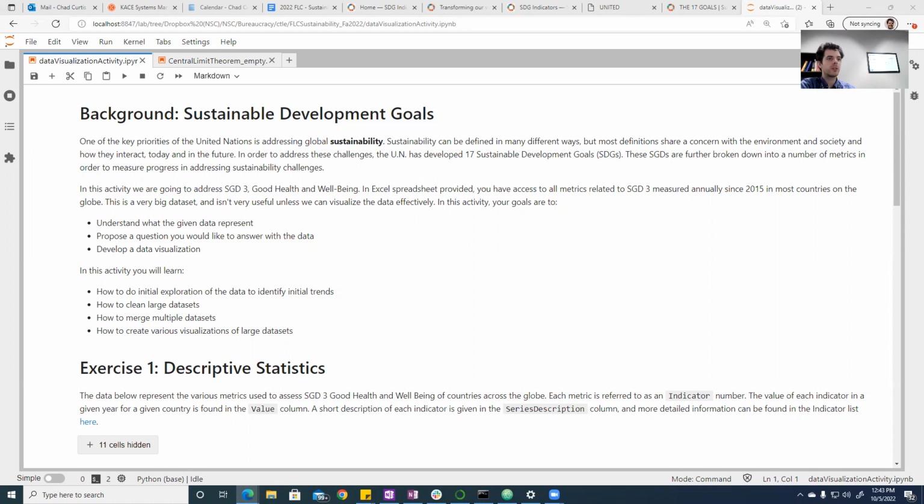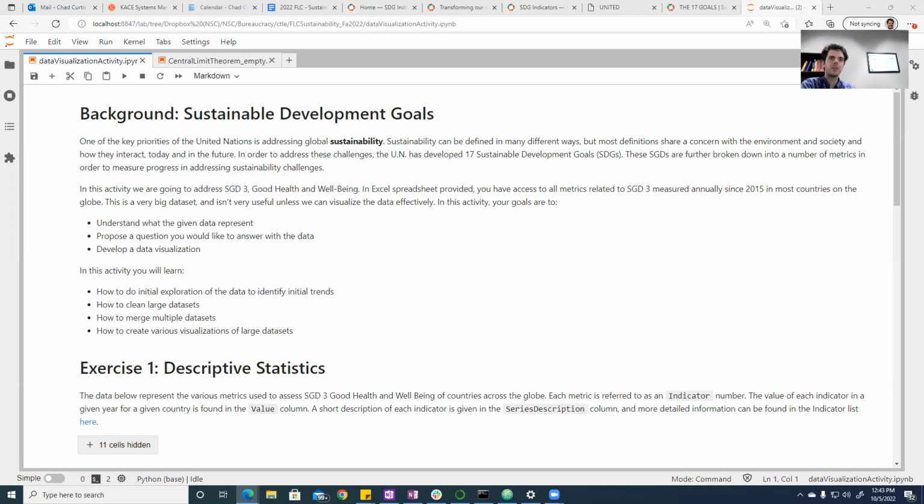In this data set, we're going to be looking at the Sustainable Development Goals that were set by the United Nations. There's a very large data set, but we're going to run into a couple of issues when working with it. One is we may not be able to answer the questions that we'd like to with the data available. We may need to look at additional data sets. We need to figure out how we can combine data sets. That's a common problem in data analysis.